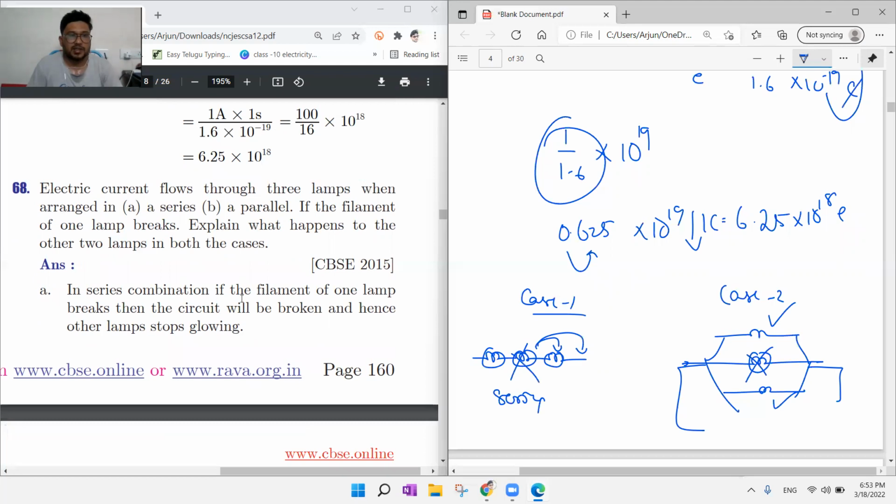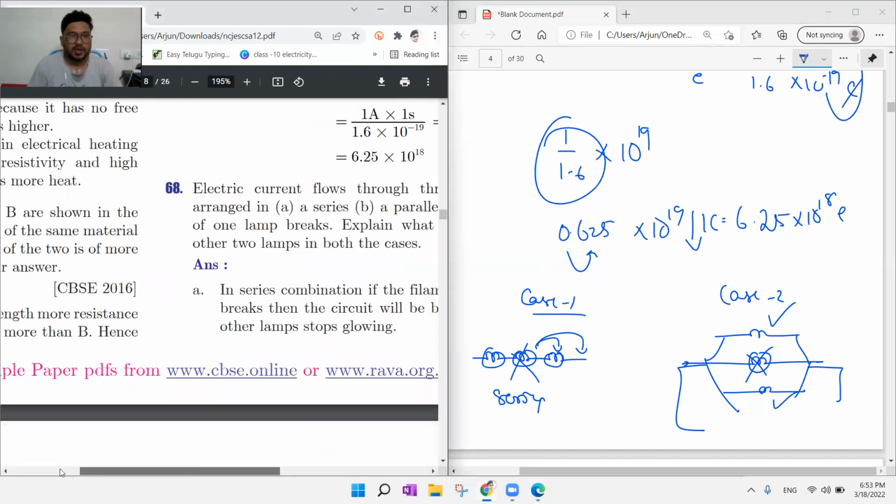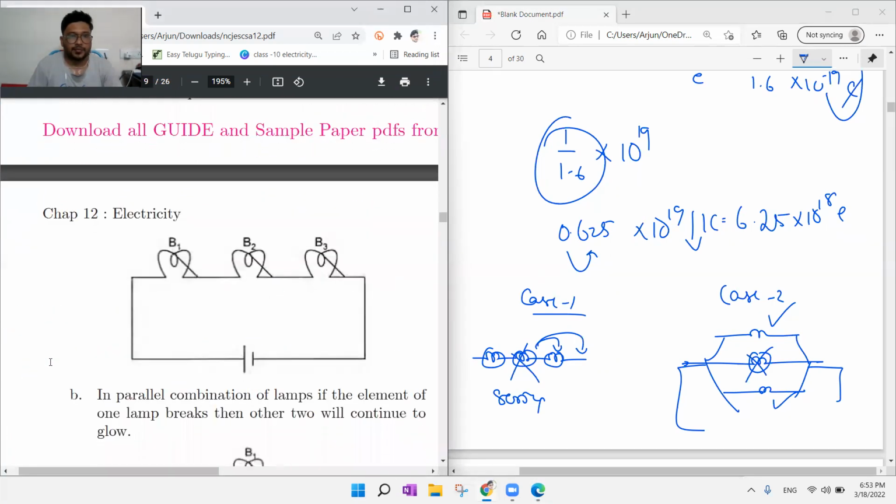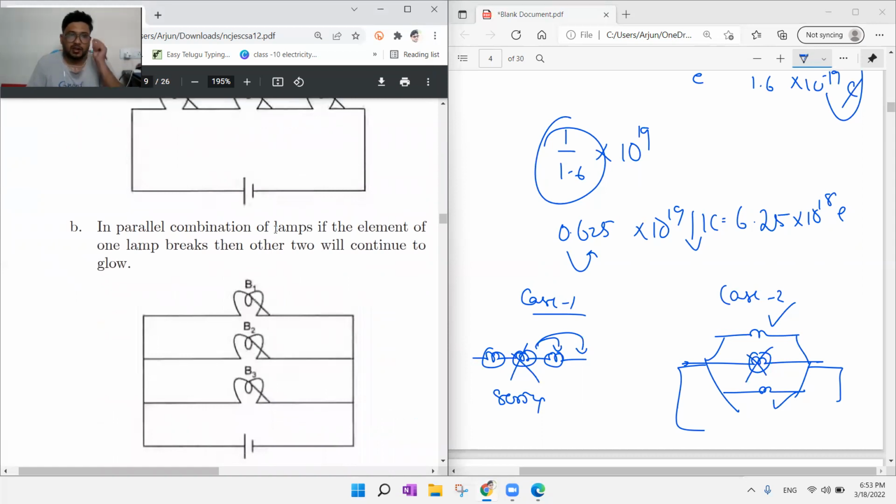In series combination, if the filament of one bulb breaks, the circuit is broken and hence the other lamps stop glowing. In parallel combination, if the filament of one lamp breaks, the other 2 will continue to glow. That is the advantage of parallel combination, so in our house also, all electrical appliances are connected in parallel, not in series.